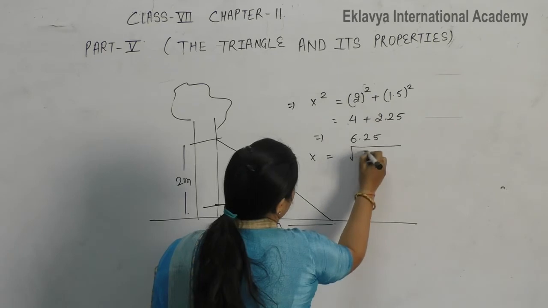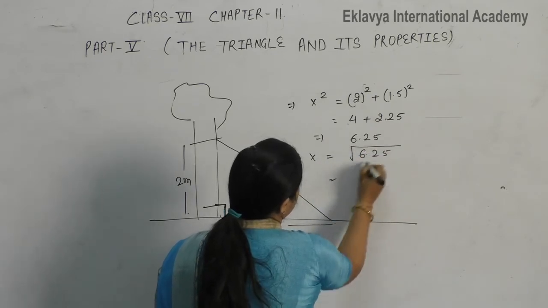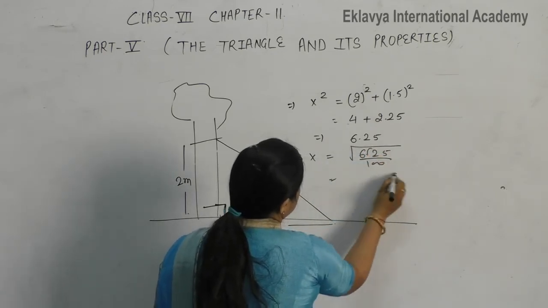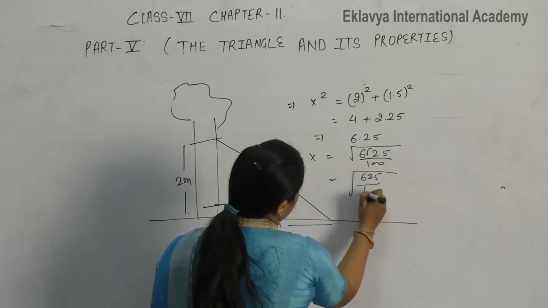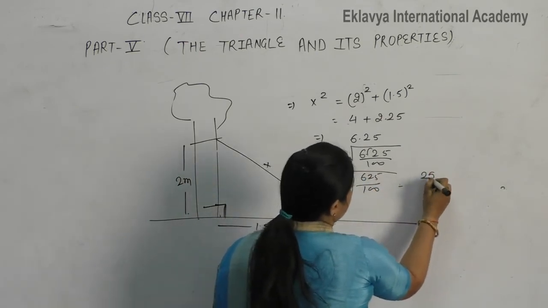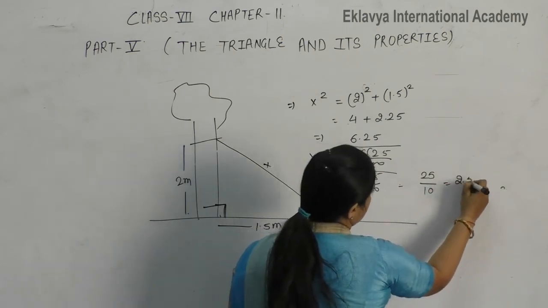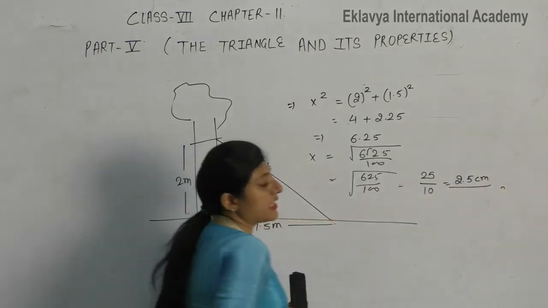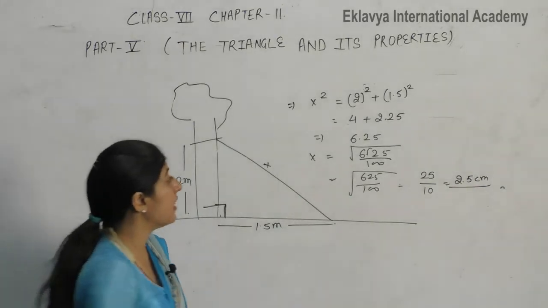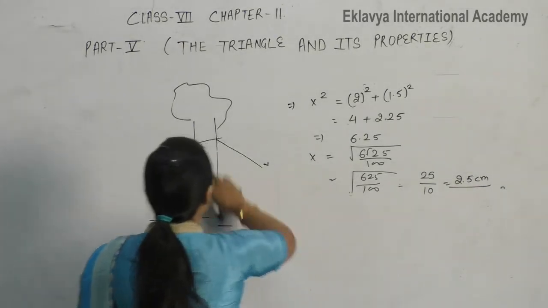X is equal to root 6.25. If you want to make it easy, it becomes 625 upon 100. Root 625 is 25 and root 100 is 10, then it becomes 2.5 meter. So we can use the Pythagoras theorem like this.